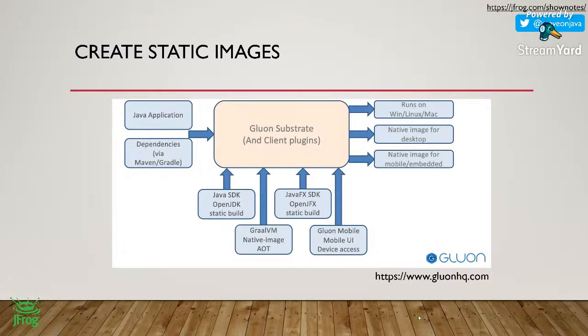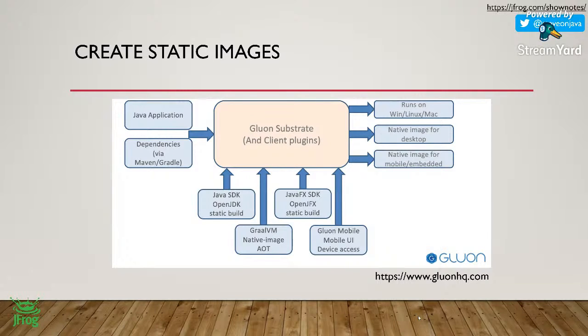If you're using Graal VM to package it, Graal VM is a high-performance Java runtime done by Oracle Labs, so that's highly recommended, and give that a try and use that to package your applications. And then you get an executable which will run on your desktop platform of choice, your mobile platform of choice, and even embedded platforms like Raspberry Pi.